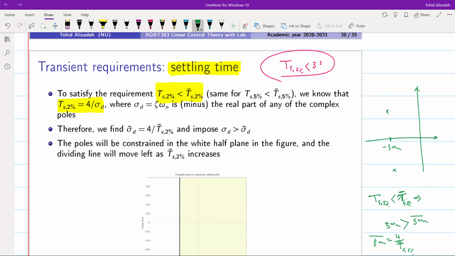So we find out the corresponding value of zeta omega n bar, which relates to the desired settling time, and then we draw an area and say that the closed loop poles of the system should be located in this area in order to be able to satisfy the requirement on the settling time.